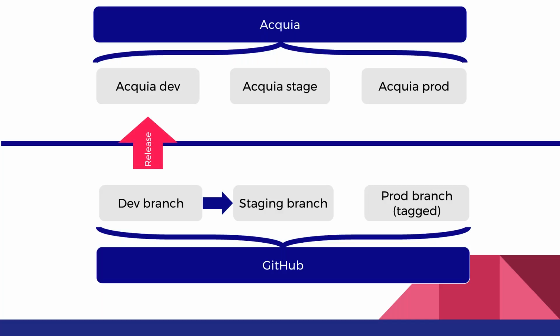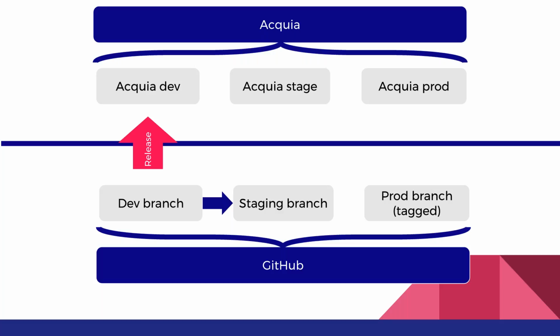With a dev release, we just push the code to Acquia, run updates there, and make some backup. In case we need to synchronize the database with production, for example, because we would like to run updates that will update the content on the production environment, our first step is to copy the database from production to dev, push code, and run updates there.